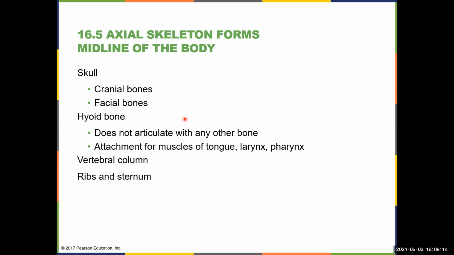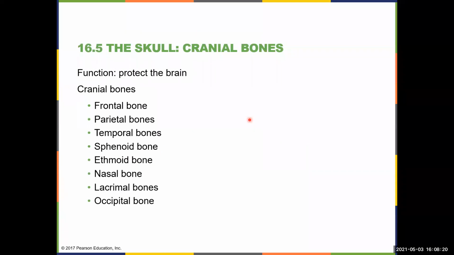But first, starting out with the cranial bones, there are a couple of different bones that make up the cranium. And so the whole function of the skull is to protect the brain. And it's made up of a frontal bone, 2 parietal bones, your temporal bones, your sphenoid bone, your ethmoid bone, nasal bone, lacrimal bones, and then your occipital bone.